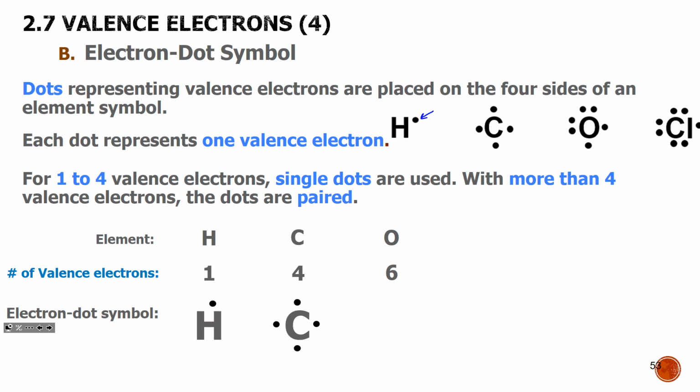Oxygen has 6, so we go 1, 2, 3, 4, 5, 6. Chlorine, 7. 1, 2, 3, 4, 5, 6, 7. And then beryllium has 2.